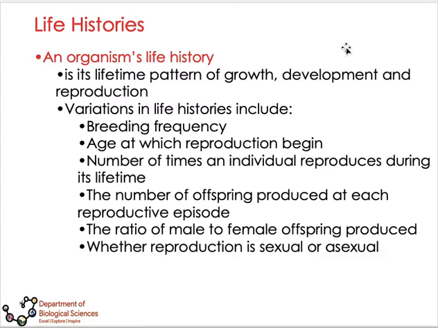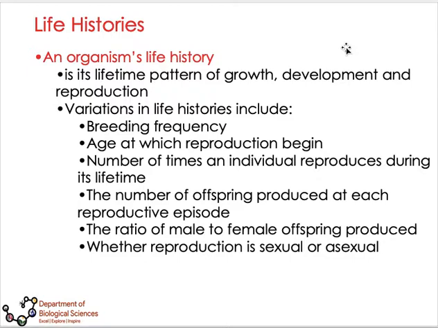So aside from the life table, we also have the types of survivorship curves in a population. The organisms within a population are also characterized by what we call life history.